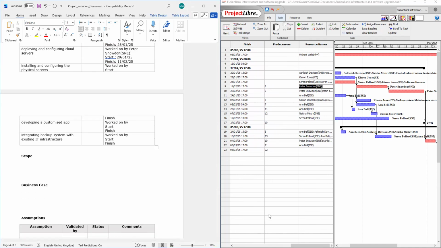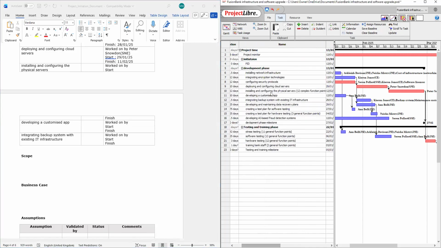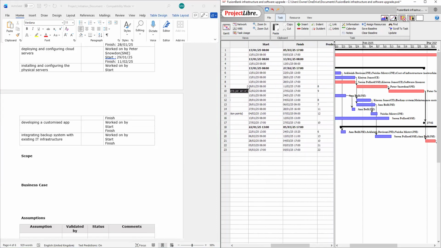The next one is installing and configuring physical server, which is this one here. Start date, copy. End date, copy again.